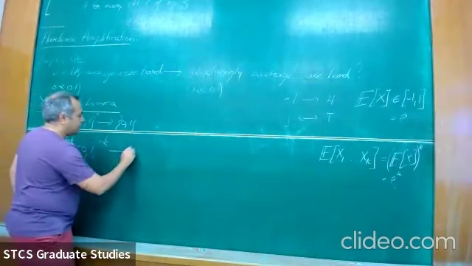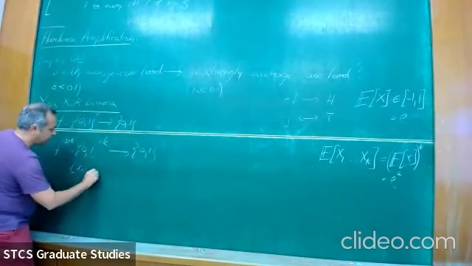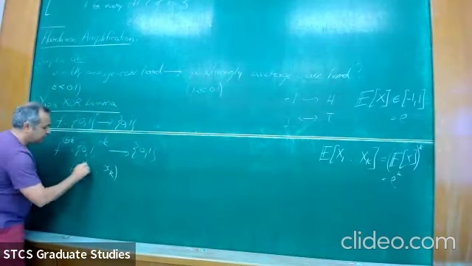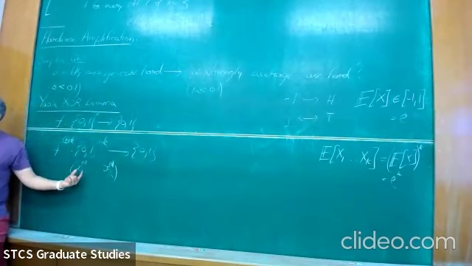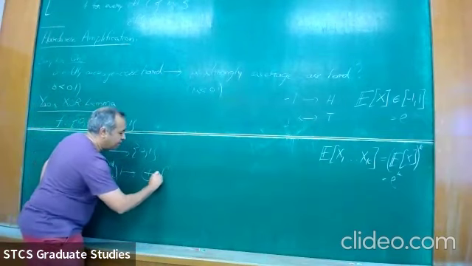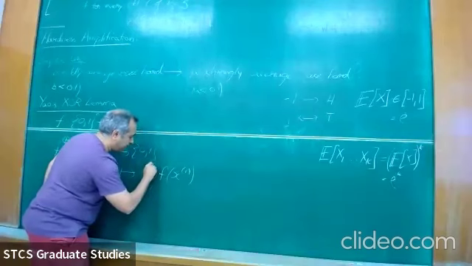It is another function to {0,1}, which maps the input x^1, x^2, ..., x^k, and I put the superscript because each of them is itself an n-bit input, to the XOR of f(x^i), i going from 1 to k.